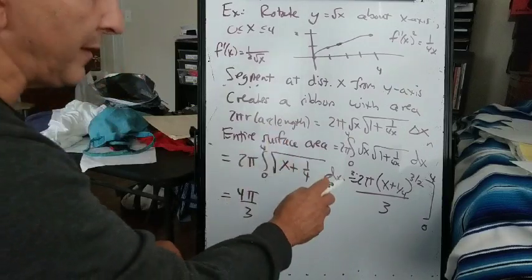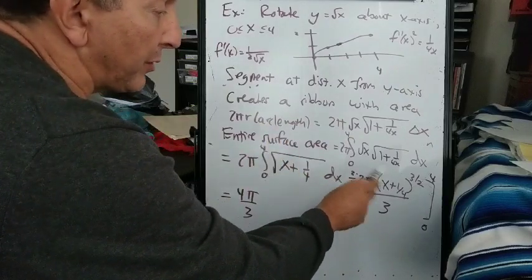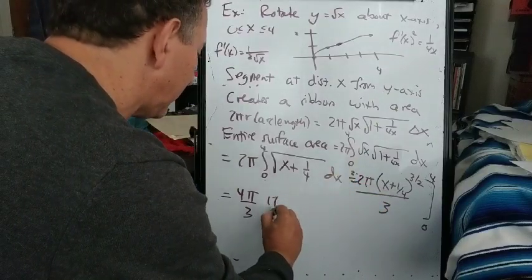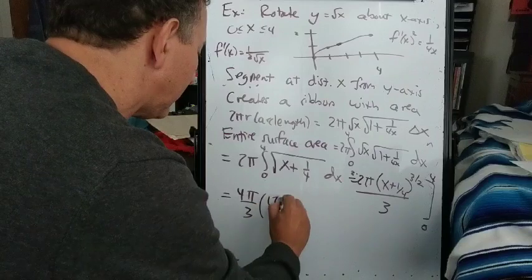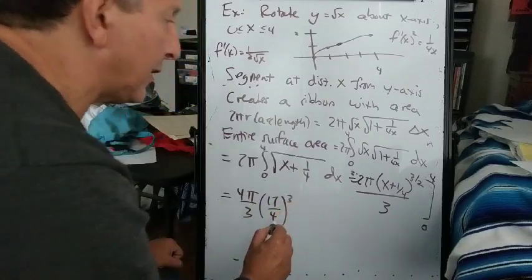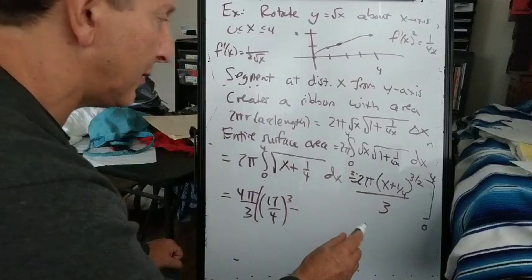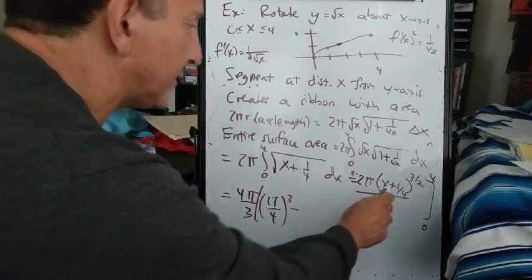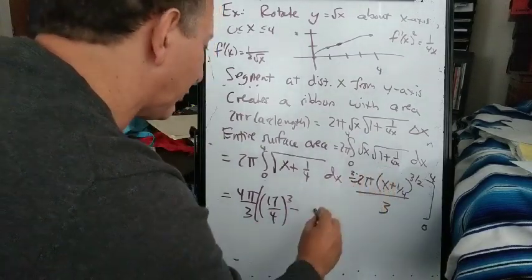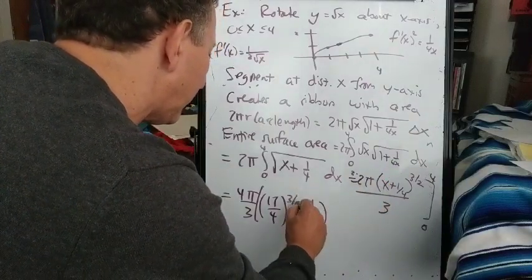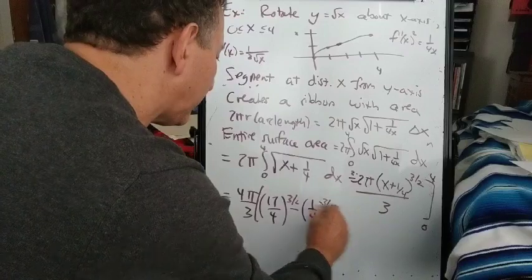If we put a 4 in there, that's 4 plus 1/4, which is 17/4, to the 3/2, minus, if we put a 0 in there, just 1/4 to the 3/2.